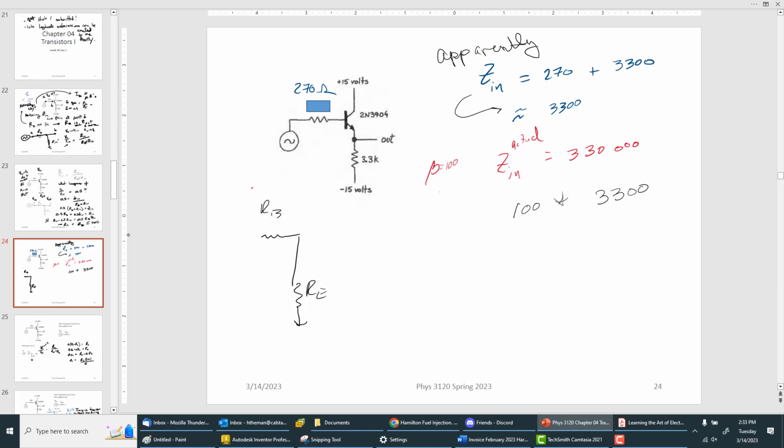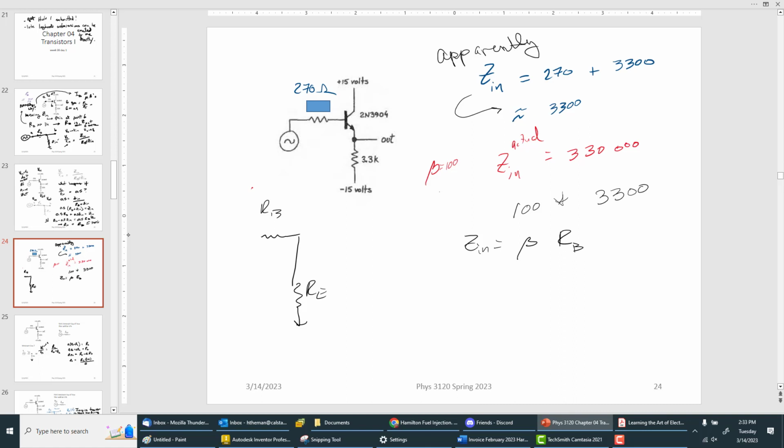But the transistor makes it look like 330K in this case. And so the implication is that Zin is equal to beta times R base.